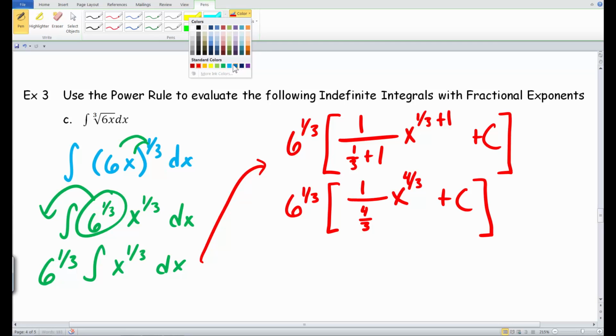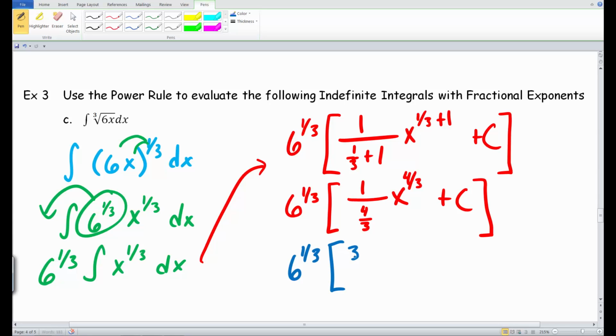And just like before when we were simplifying things, we would just multiply by the reciprocal. So pretty much we just usually flip this bottom, and end up with 6 raised to the 1/3 power times 3/4 x raised to the 4/3 power plus some constant.